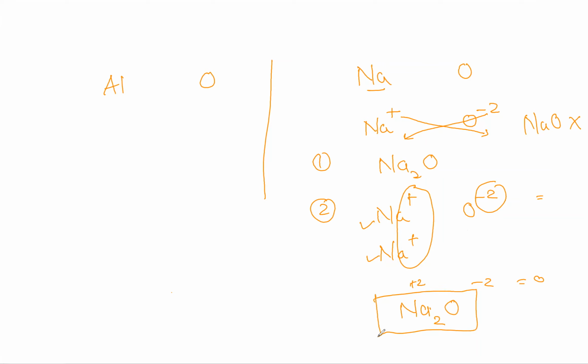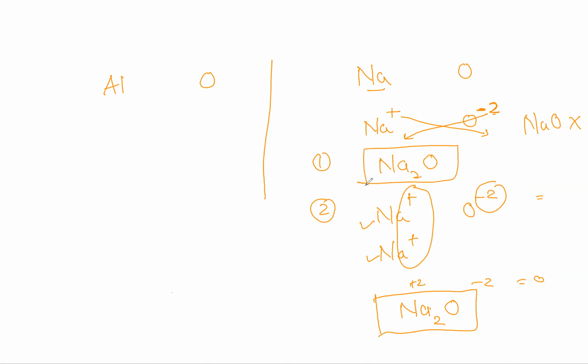Professor, yes. So is it basically like you cross multiply the numbers, and then they have to be positive? Yes, you just cross multiply the number. Do not cross multiply the sign, right? Because this is the charge. That's why it's minus and plus. All you need to do is cross multiply the numbers, and you will get the right chemical formula.